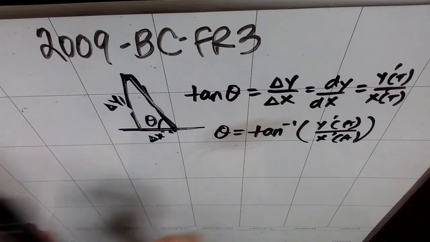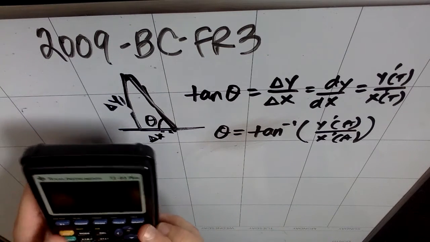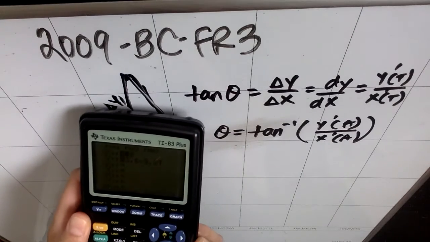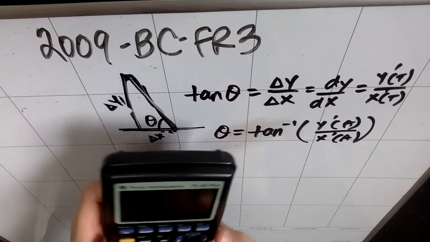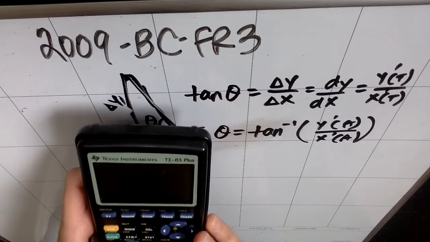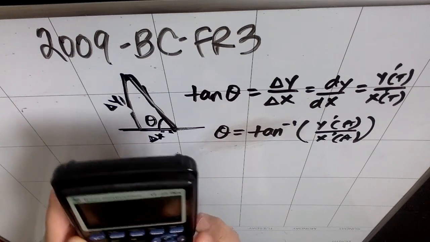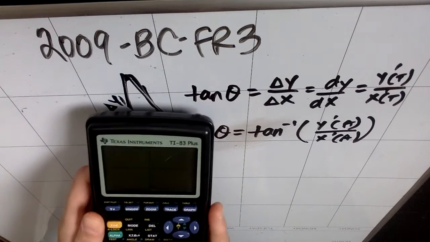There are a couple of different ways to do this. I'm currently in my parametric mode, so if I go to trace, and put in alpha a, oh, it's outside of my window. Sorry, let's zoom 6. Okay.